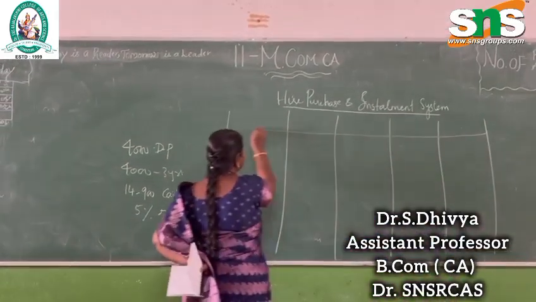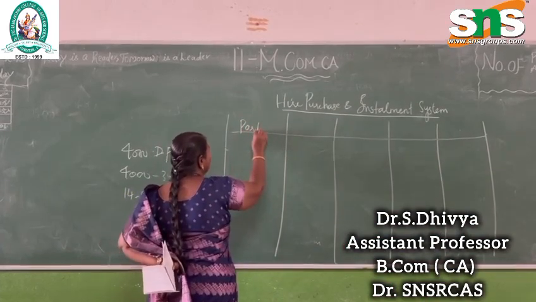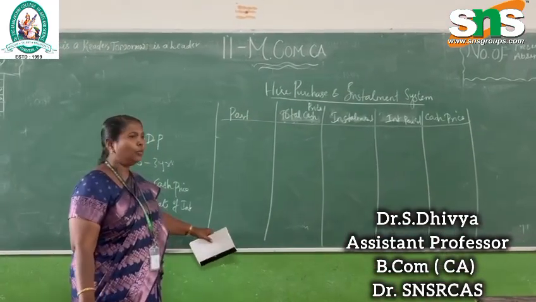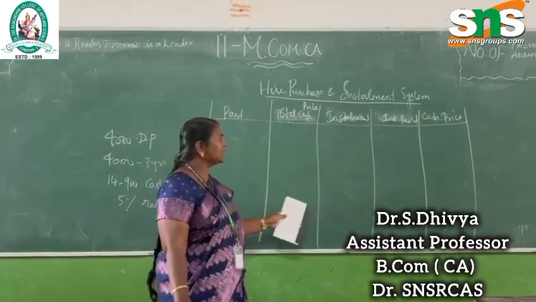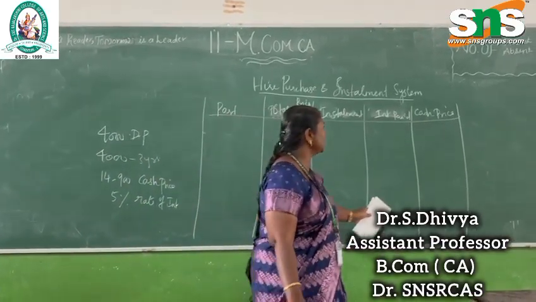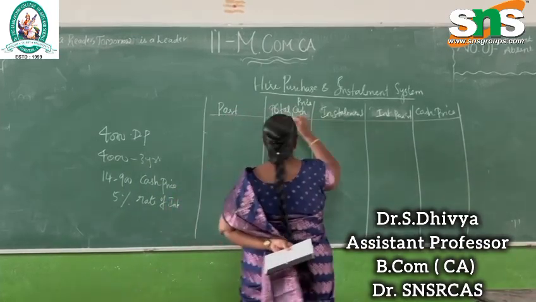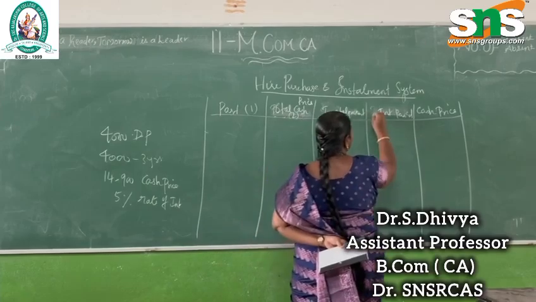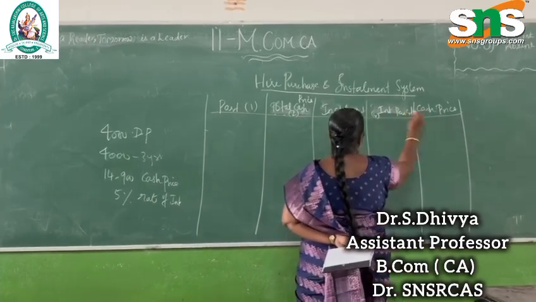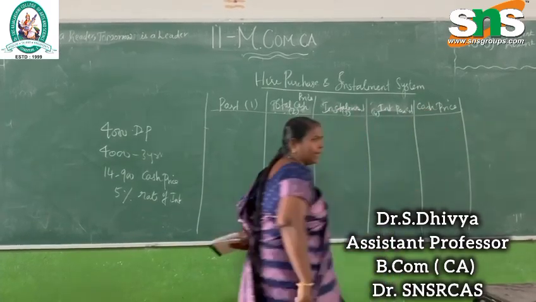First we have a particular column: total cash price, installment price, and interest rate. We get the answer in the cash price column.